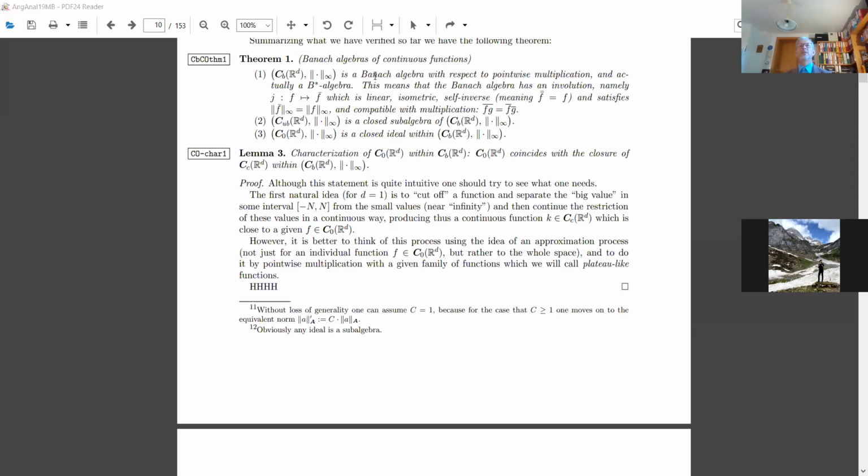Now, if somebody is giving you such an algebra, and we will discuss this separately further down, then you also have to ask, what if you have subspaces? Statement number 2 is quite useful. The uniformly continuous bounded functions are a closed subalgebra.